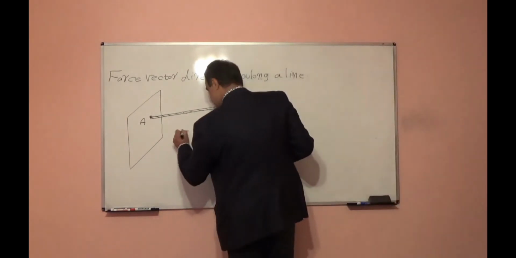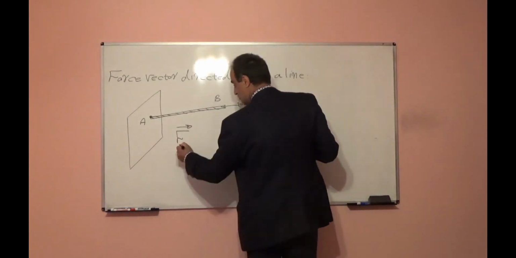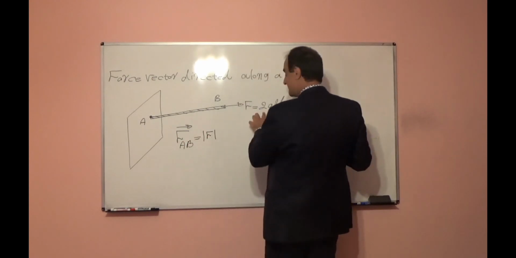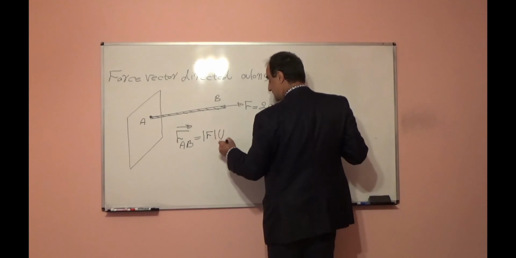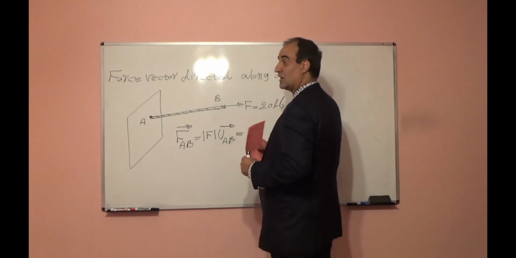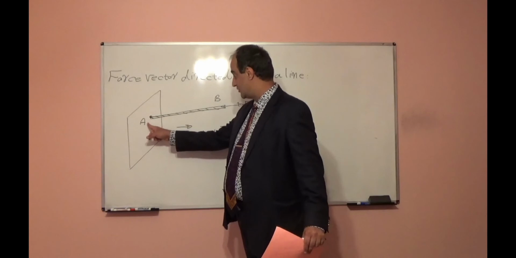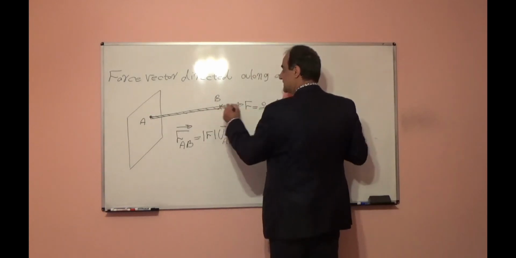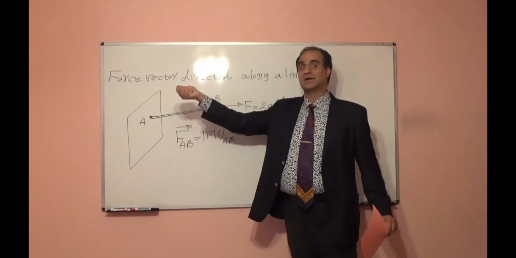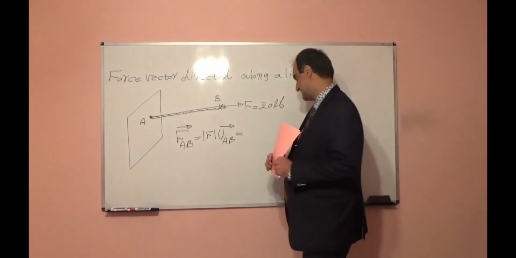We know force is a vector, and the force vector here, along this rope AB, will be the magnitude of the force F times the unit vector in the vector direction. Here our vector is the position vector that attaches point A to point B. Here point B is my hand, point A is one fixed point on the wall, and I attach that rope to the wall and I pull using 20 pounds, for example.